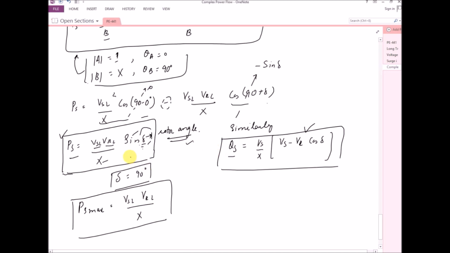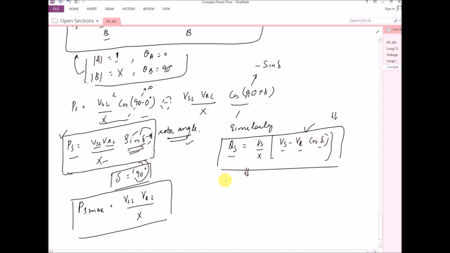Now looking at these equations, we can say that the sending end real power is dependent on the rotor angle. If the rotor angle is made equal to 90, it will become maximum, and if it is changing, the sending end power will change. But the sending end reactive power is dependent on the voltage difference of the sending end voltage and receiving end voltage. And this delta value is actually small.